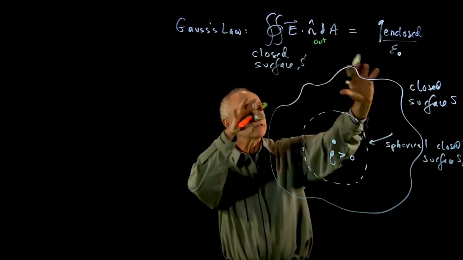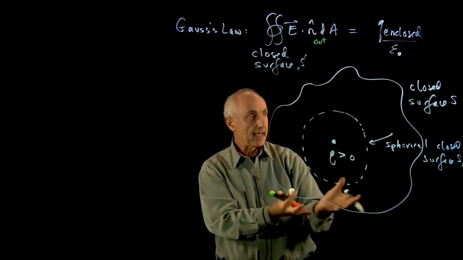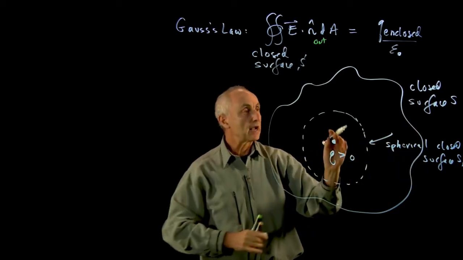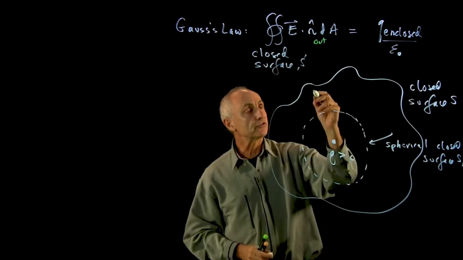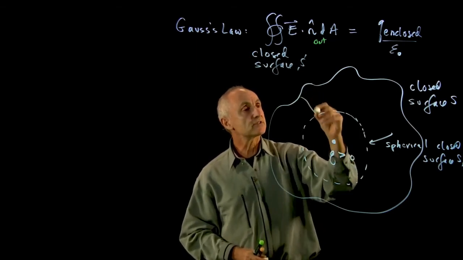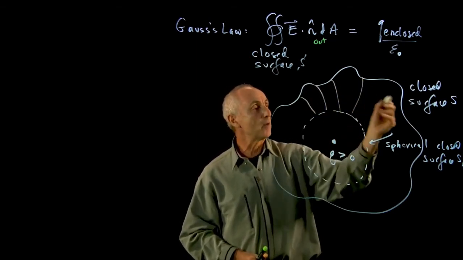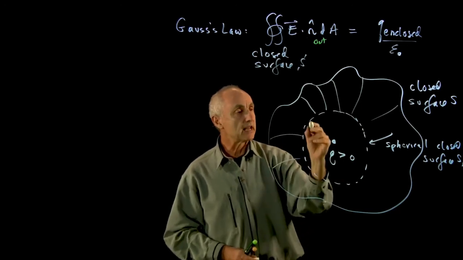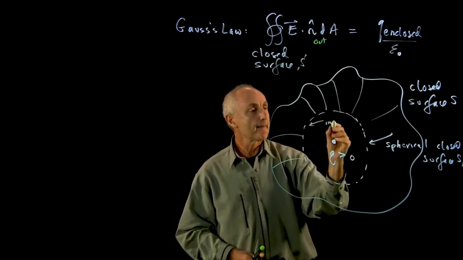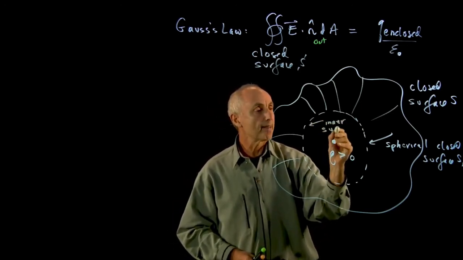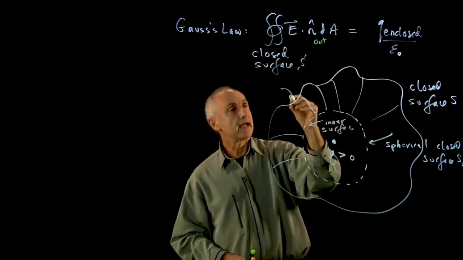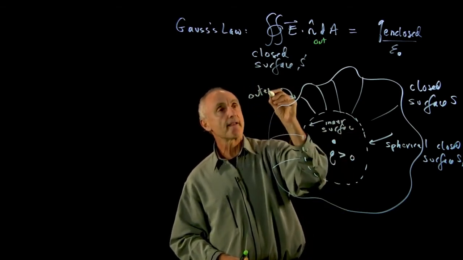I have surrounding the whole thing a surface S. But I now have a surface that consists of two pieces in some way. It has an inner surface and an outer surface.